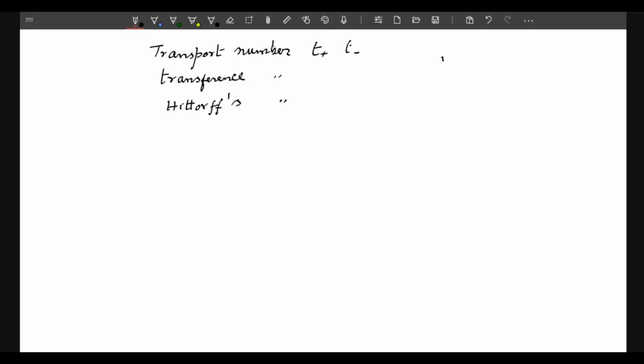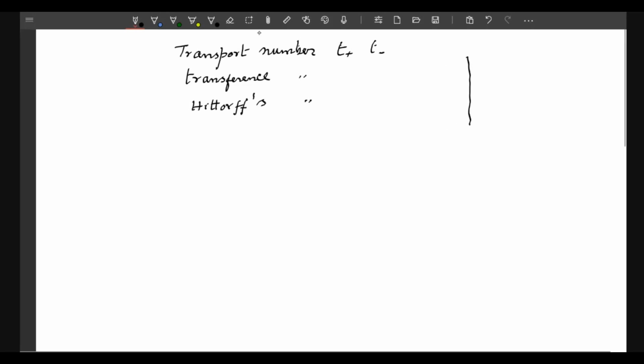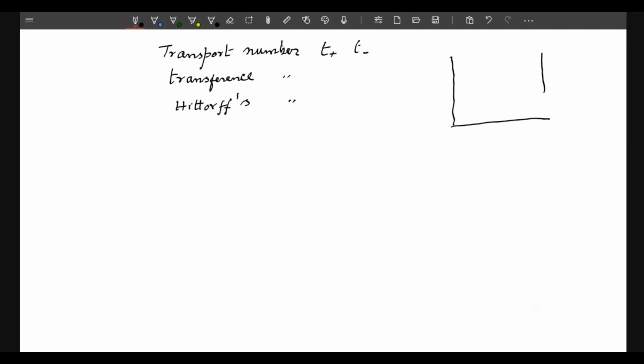Whenever cations and anions are present in the electrolyte and you are applying voltage between two electrodes, the current is conducted by the cations and the anions. But whether the speed of the cation and the speed of the anion are the same or different, they are different.